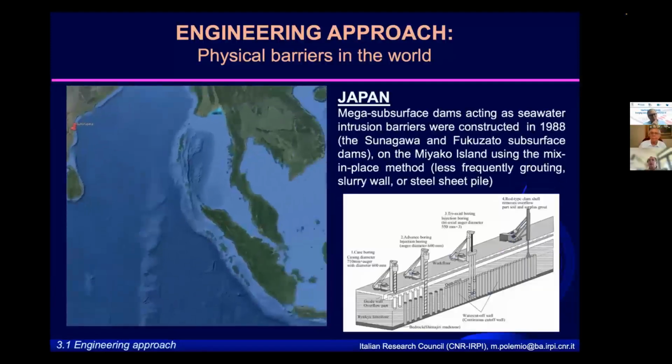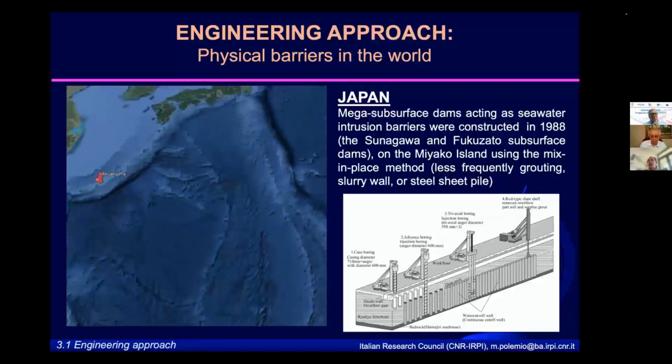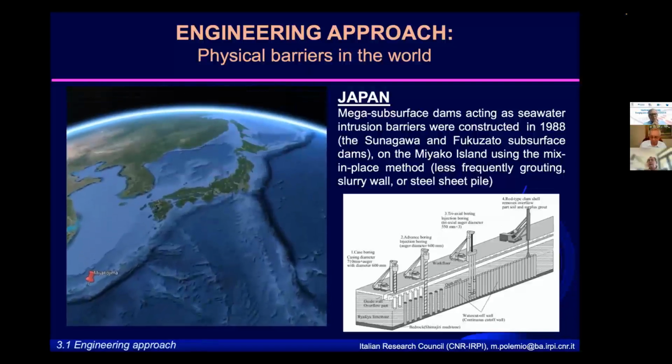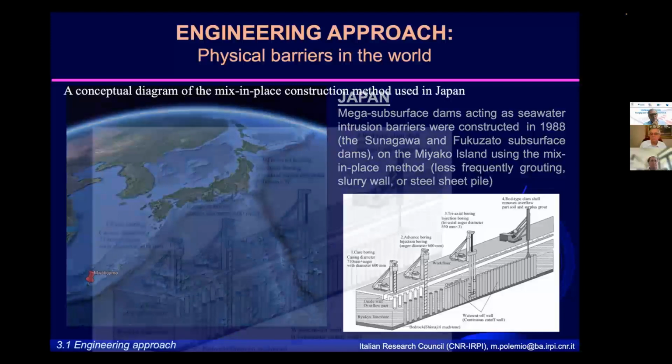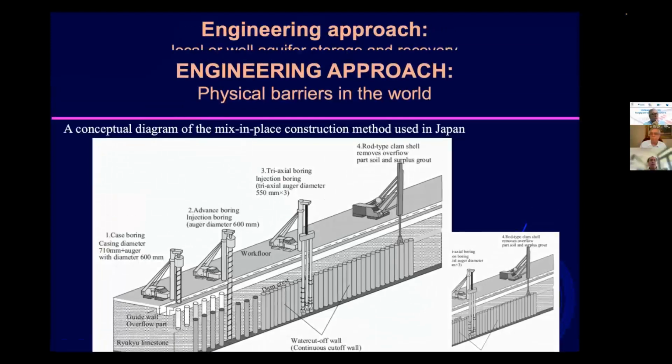In Japan, concrete piles were used to realize a wide barrier, overlapping the effect of these piles. This is the geometrical scheme applied in this case.